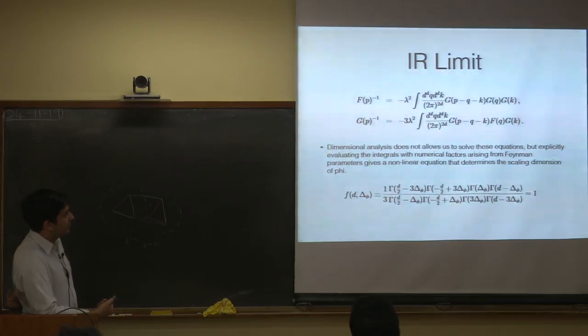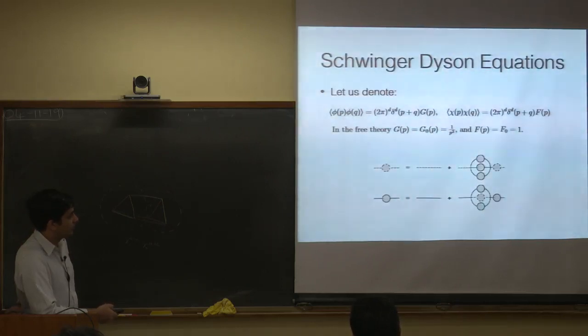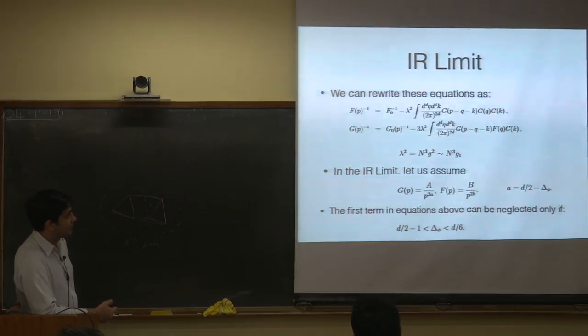Okay, then to solve for this, that restriction is just that the dimension of phi to the 6 is lower than the dimension of two derivatives and phi squared. Well, also for the auxiliary field. So you have two different restrictions.